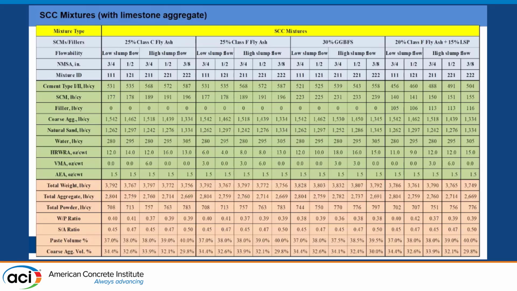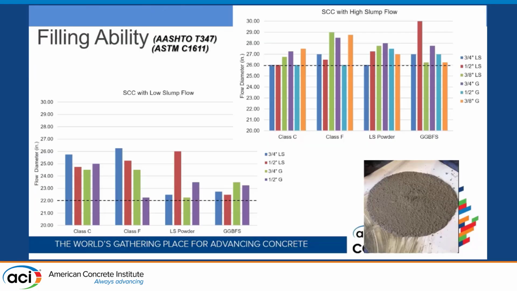So what I'm presenting in the next slides are pretty much trying to see if I group these mixes based on the different SCM, if we're going to get any conclusion about the fresh properties and mechanical properties. So here are two charts, one for the SCC with low slump.